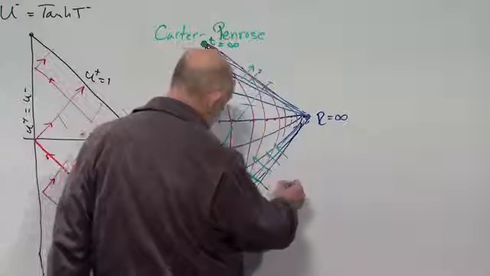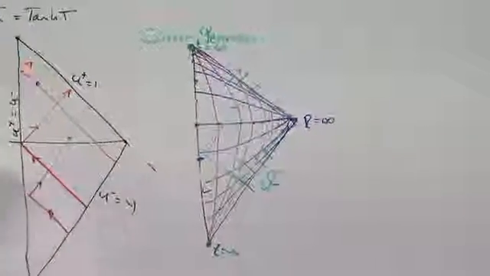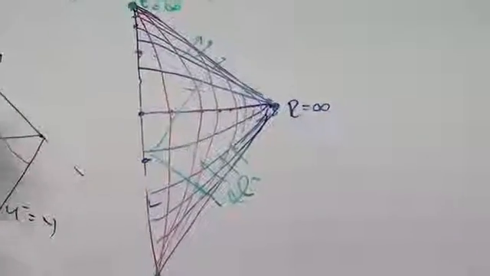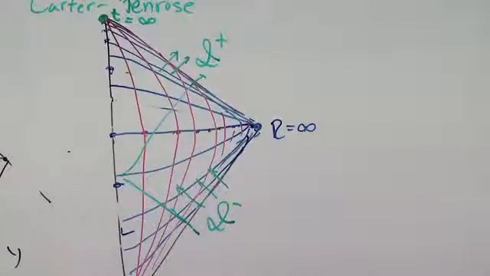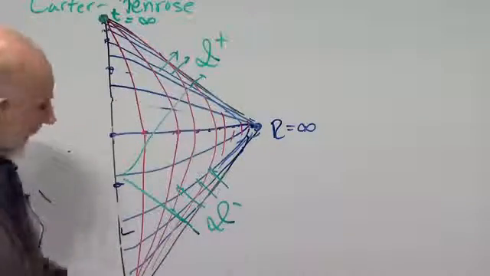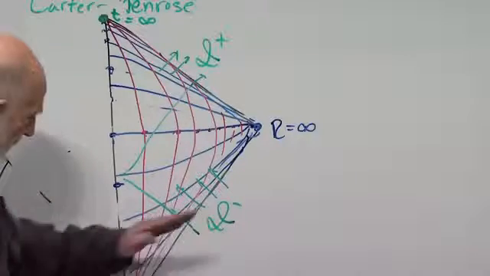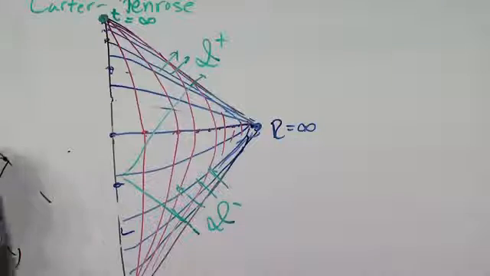The standard terminology is to call this script I minus, sometimes called scri minus, and I don't know where the I came from. I know what the plus and minus mean. This is called script I plus, and these are called past light-like infinity and future light-like infinity, the place where light rays begin and the place where light rays end. And that's the terminology, and that's what flat space looks like when compactified.